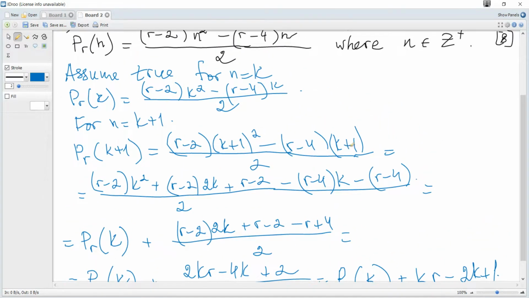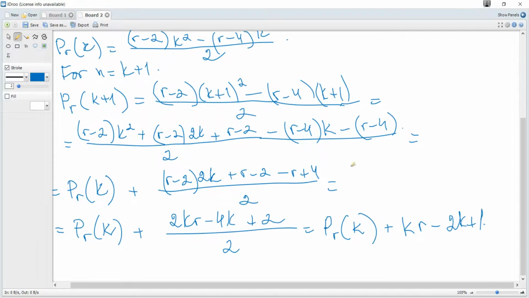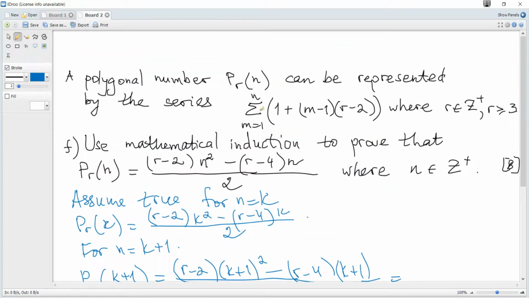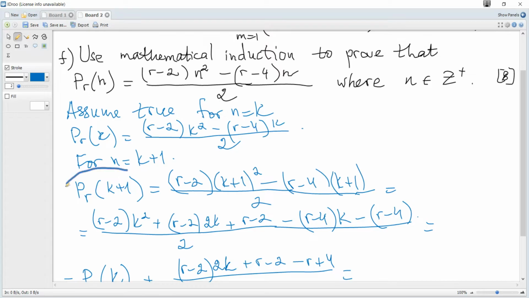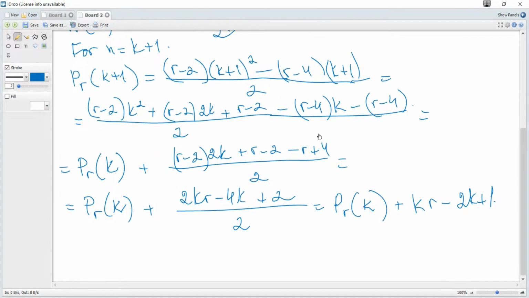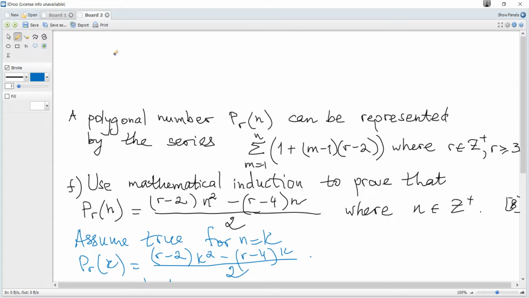And what does it mean? Pr of k is the sum up to k, and since we need Pr of k plus 1, it means sum up to k plus 1. And let's consider this statement, and this statement.